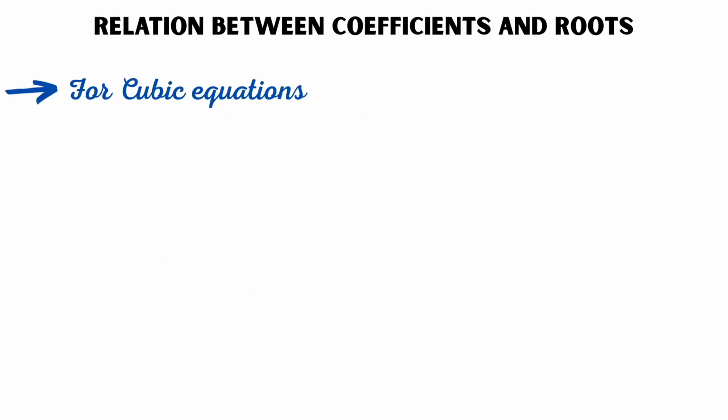Now, relation between coefficients and roots. If you want the derivation, I will make a separate video, or you can find it somewhere. I will directly write the relation between coefficients and roots. We shall first look at the cubic equation ax cube plus bx square plus cx plus d is equal to 0.